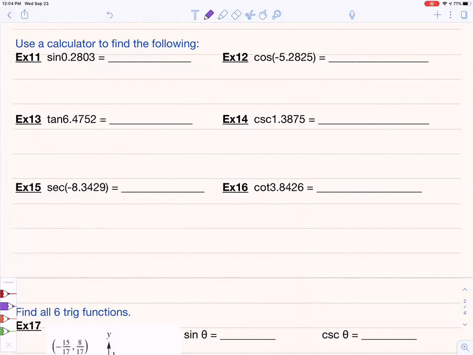Do 11, 12, and 13 and compare it with somebody close to you.